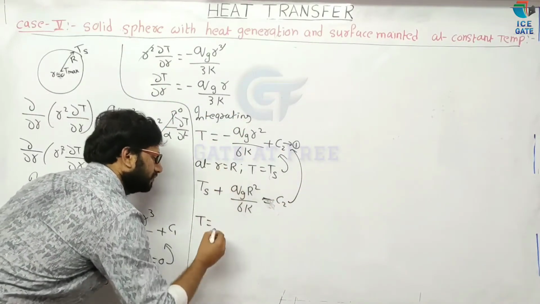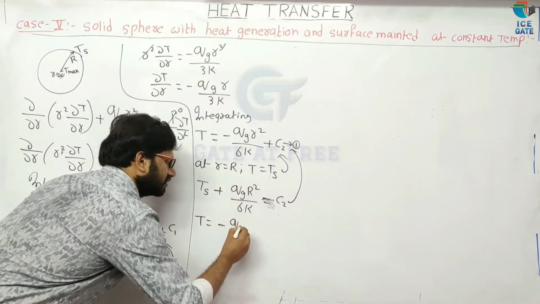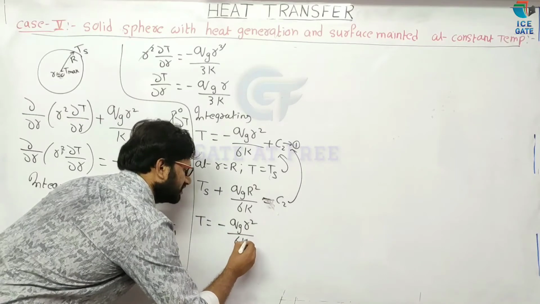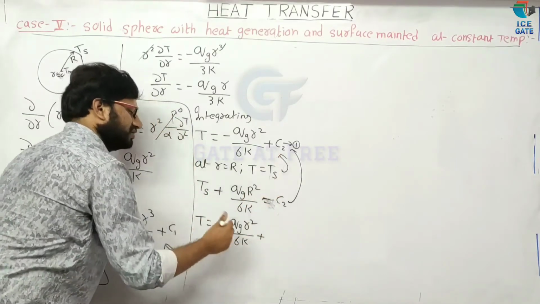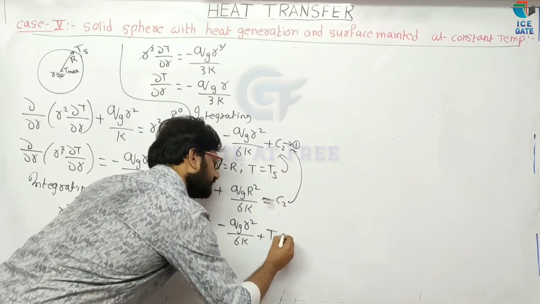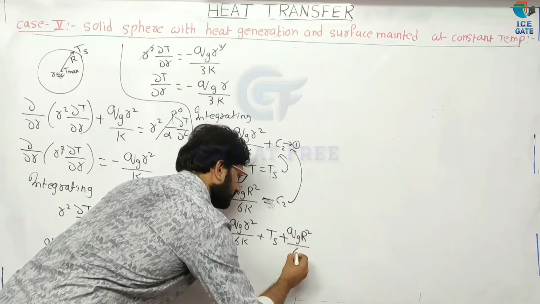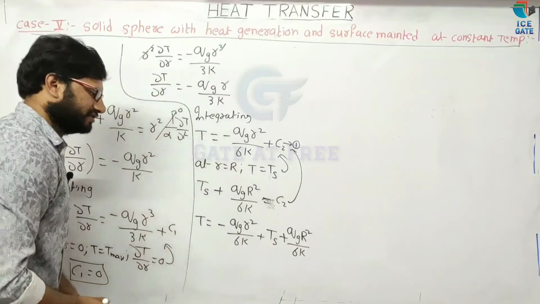Now substitute C2 in equation 1. T equal to minus Qg small r²/6k plus C2. Now what is C2? Ts plus Qg capital R²/6k.